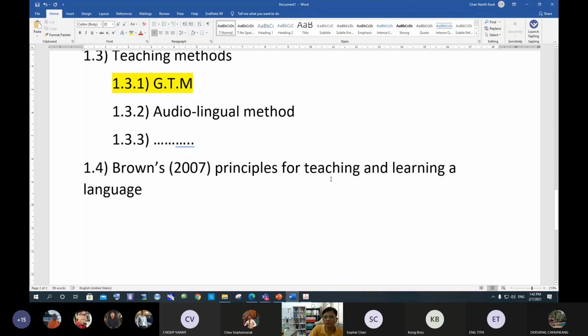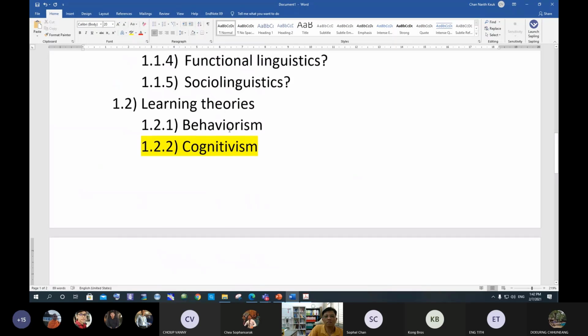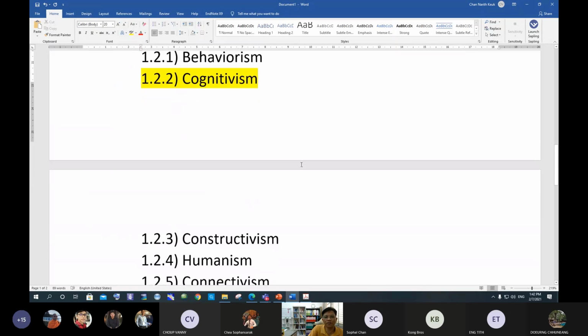And in Brown's 2007 12 principles, we have something similar to this GTM, and also cognitivism.